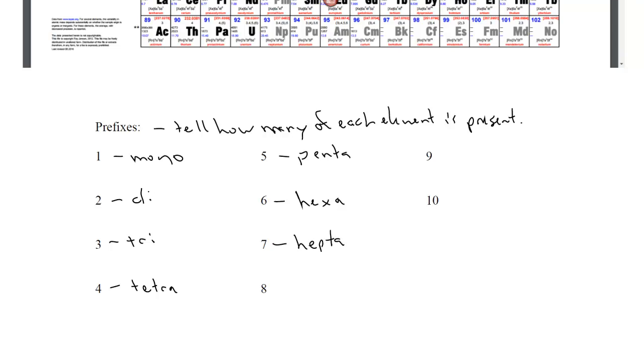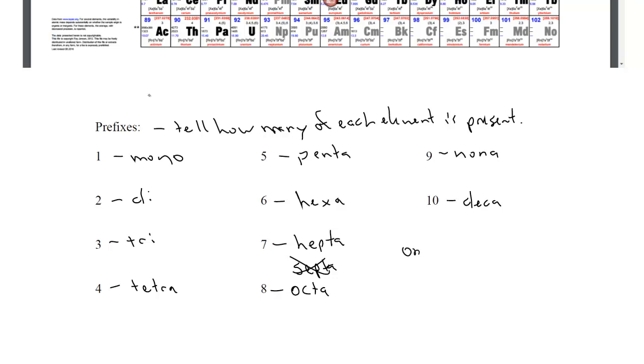Don't get it confused there. I know they use septa a lot in your math class. We don't use septa in this class. Okay, we use hepta. 8 is octa, 9 is nona, and 10 is deca. And that should cover most of what you do.